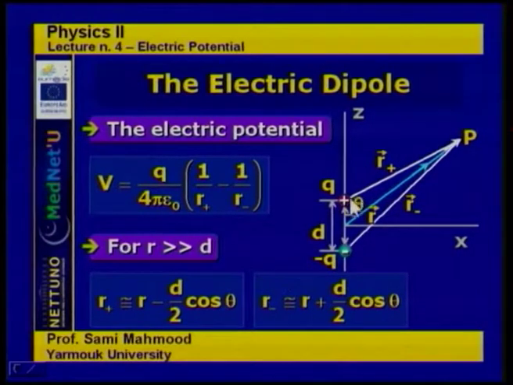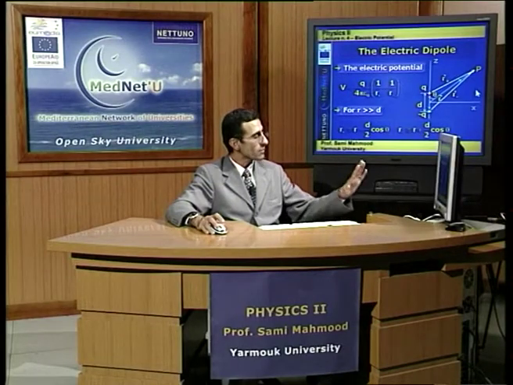R plus is the distance between the positive charge and the point of interest, where we are evaluating the potential, and R minus is the position vector from the negative charge to the point of interest. And we are considering the two-dimensional plane, which is the xz plane. That's the plane we are working on.